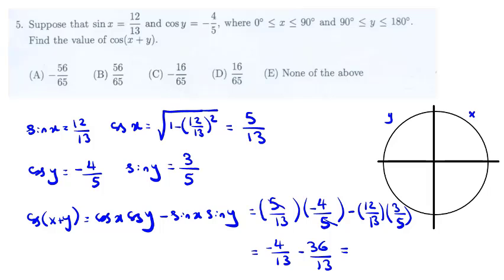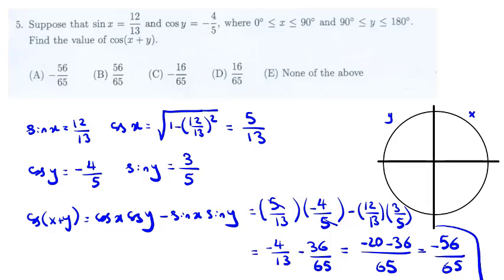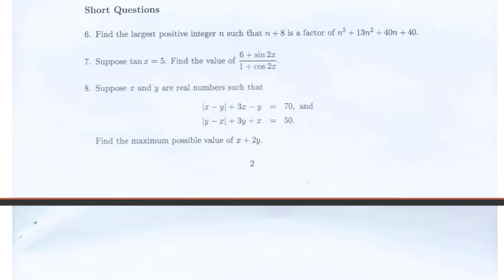Here the denominator will be 65, because we didn't cancel the 5. Negative 4 over 13 is negative 20 over 65, and negative 20 minus 36 will be negative 56 over 65. So the answer is this. And the answer is A.